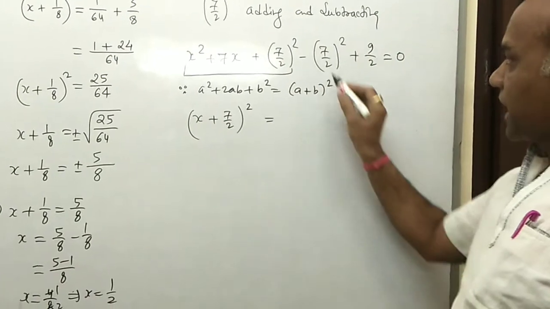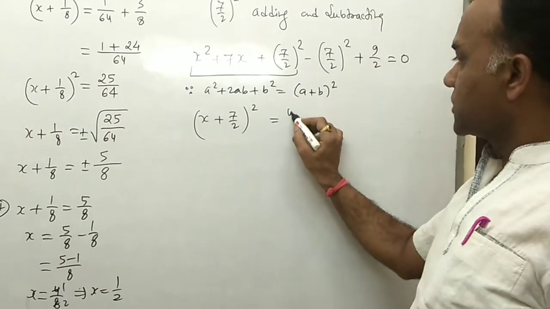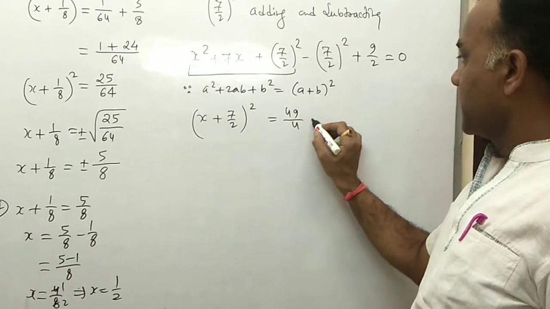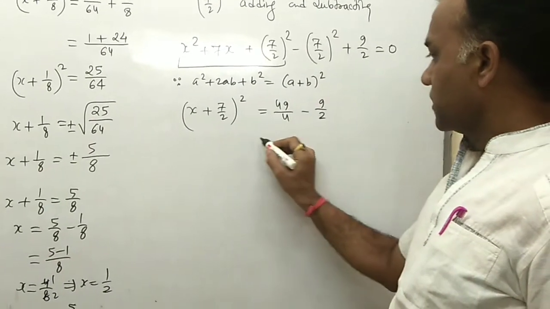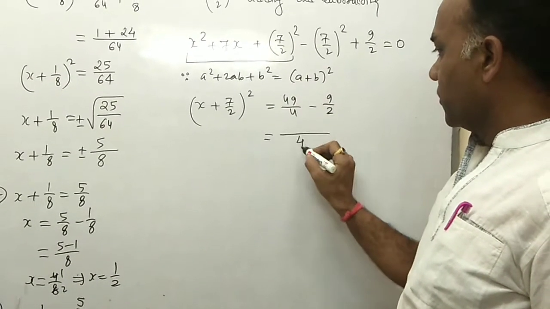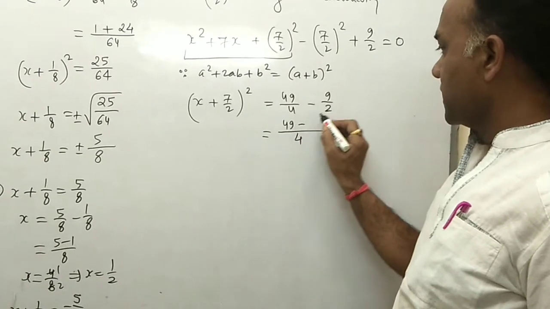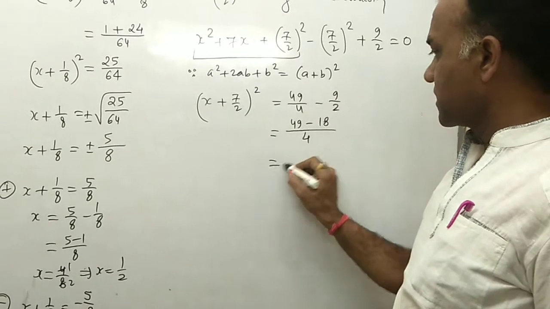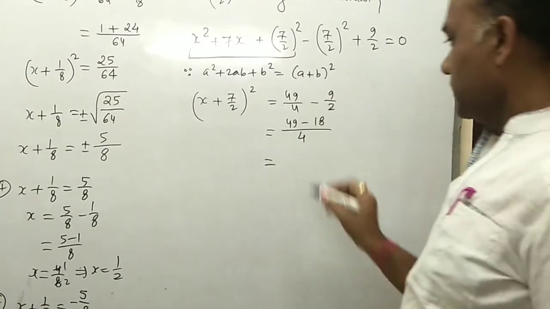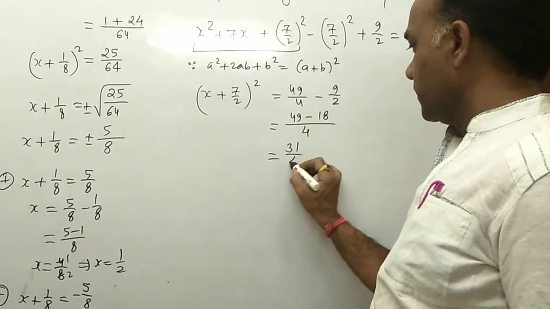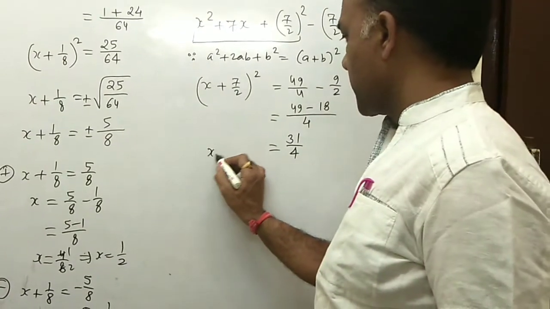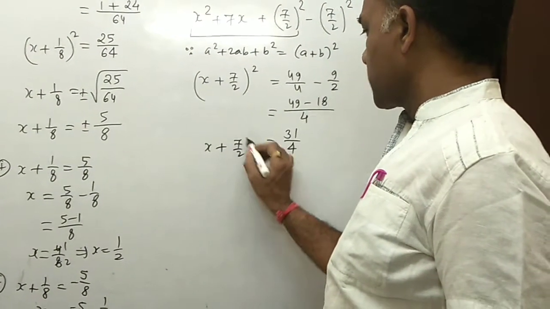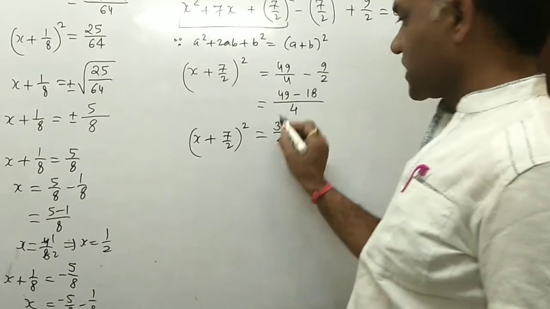This value is shifted to the right hand side, 7 by 2 whole square, that is 49 by 4, and now minus 9 by 2. After LCM you have 4 here, 49 minus 2, 2 nines are 18. So what is remaining now? 31. 31 by 4.